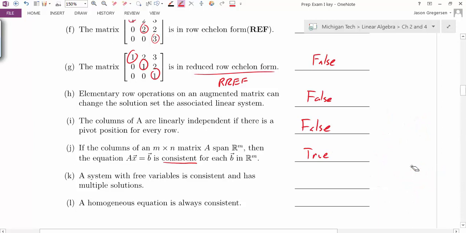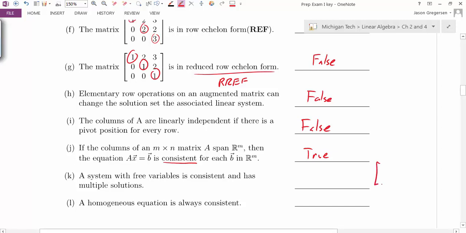K says that a system with free variables is consistent and has multiple solutions. Now it's very tempting to say this one's true because we know that free variables are associated with systems that have infinitely many solutions. However, that's only if they're consistent. This says a system with free variables is consistent, which isn't always true.